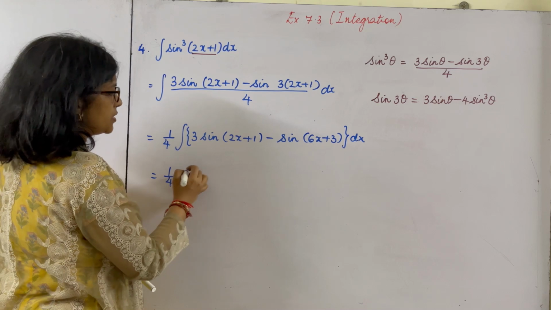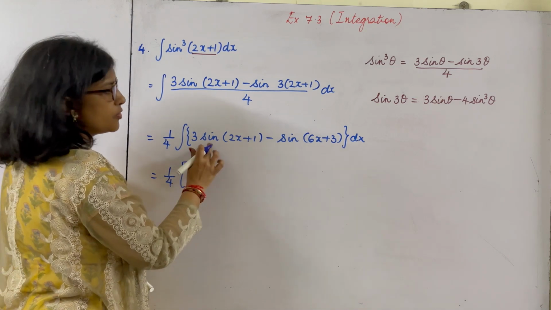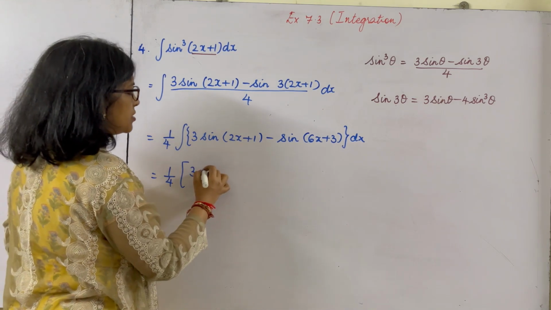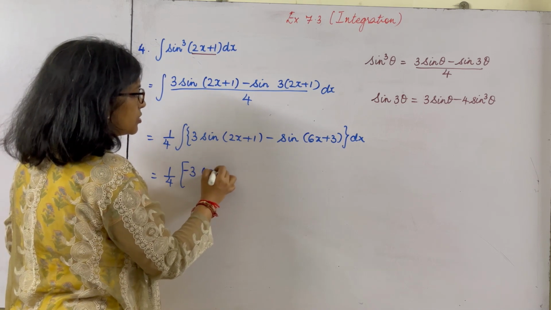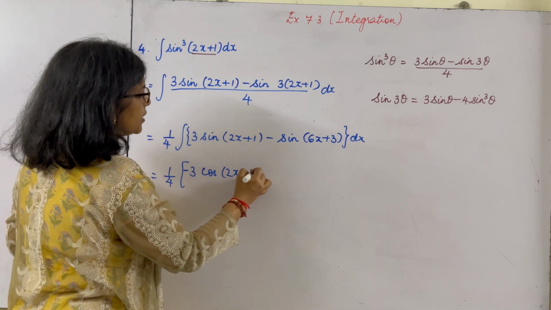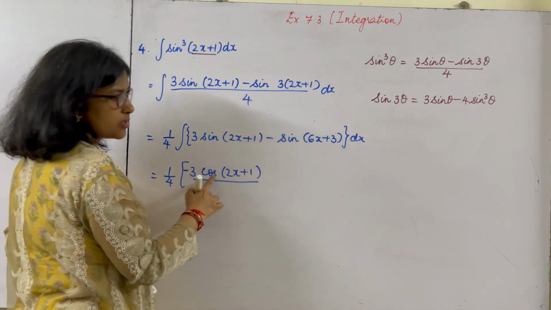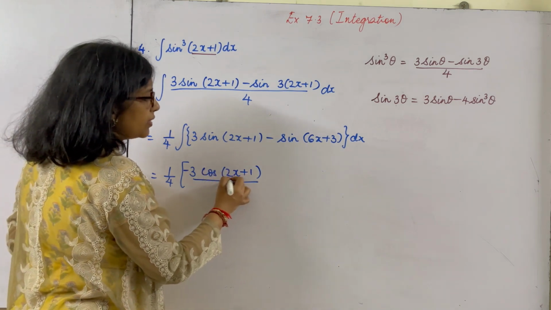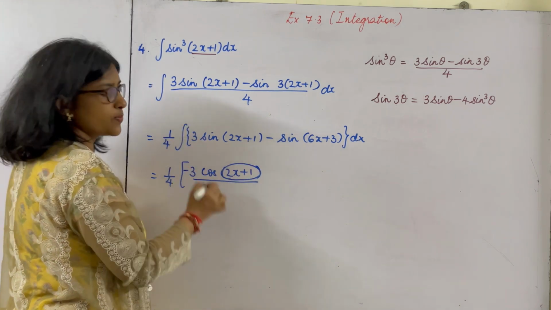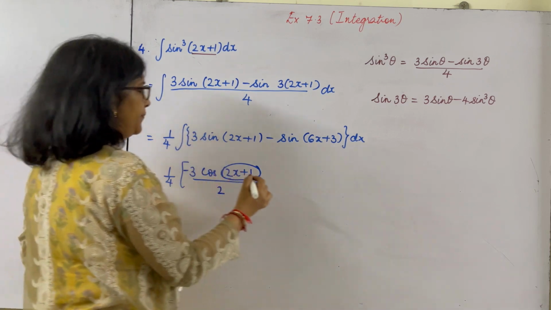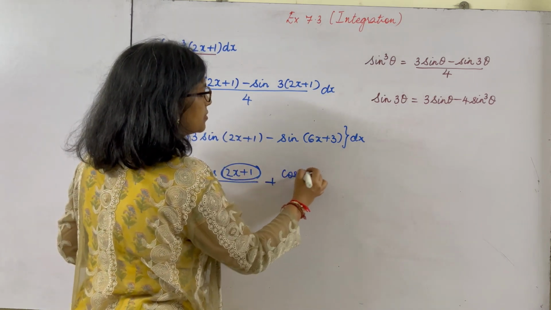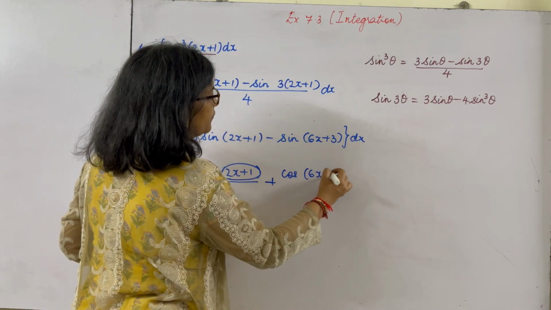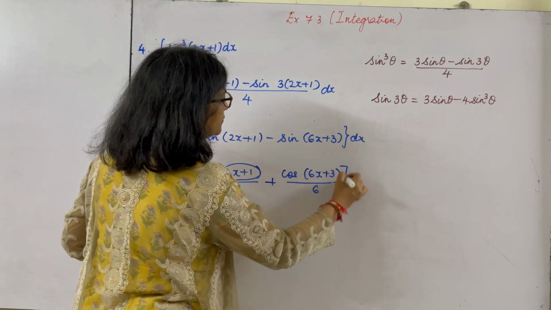So this becomes integration of sine 2x plus 1, which is minus cos, integration of sine is minus cos, so minus cos 2x plus 1 and derivative of 2x plus 1 in the denominator. This is cos 6x plus 3 upon 6.